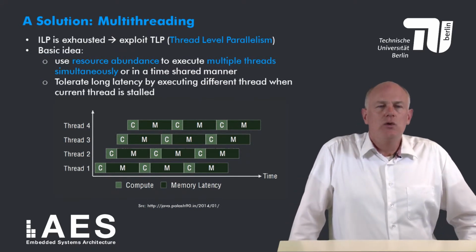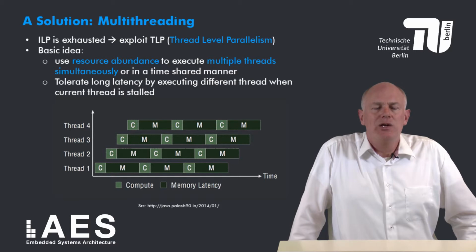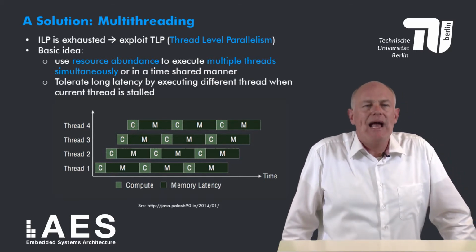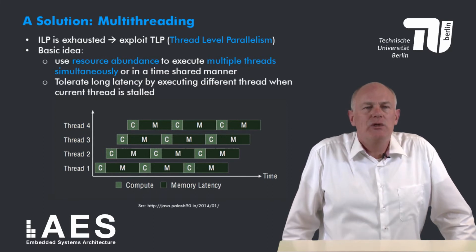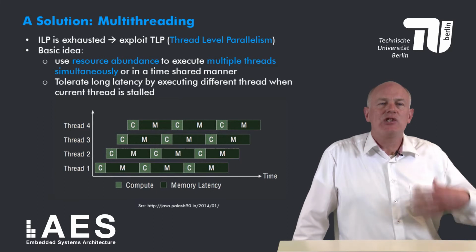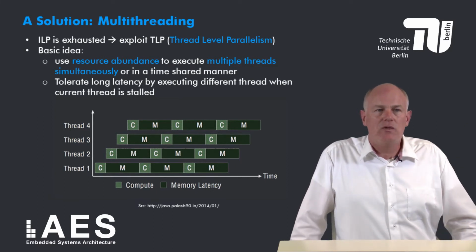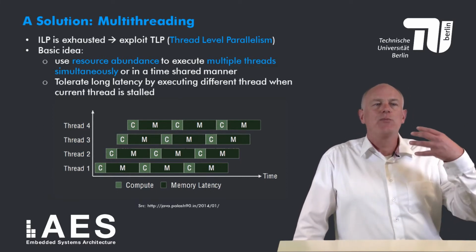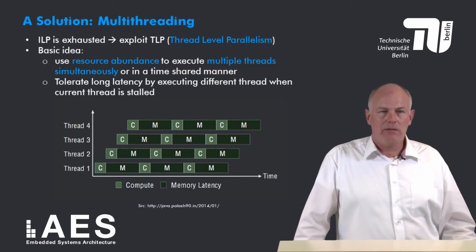So what can we do to make better use of the ILP resources that are available anyway? We should keep them busy, right? If the ILP is exhausted in a single program, we can try to exploit thread level parallelism.